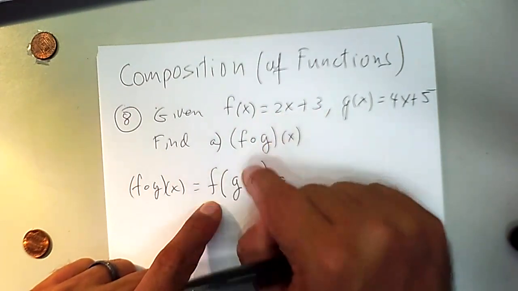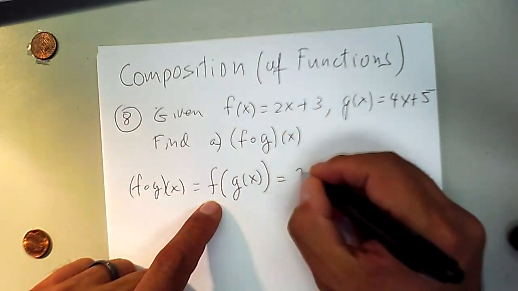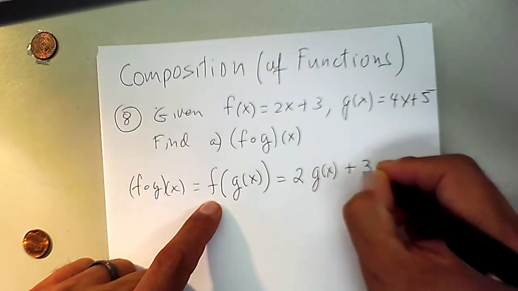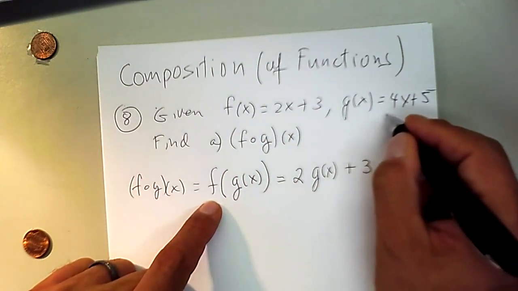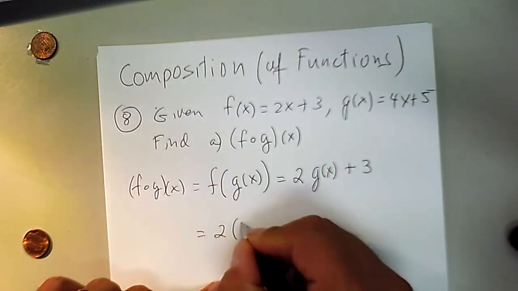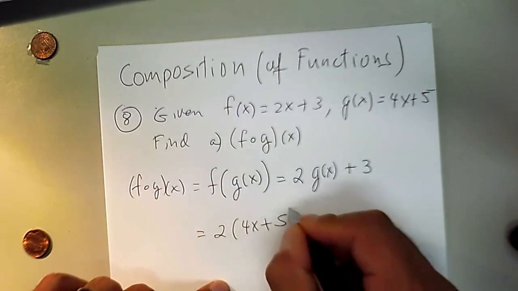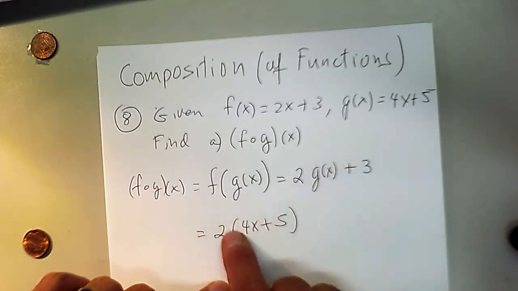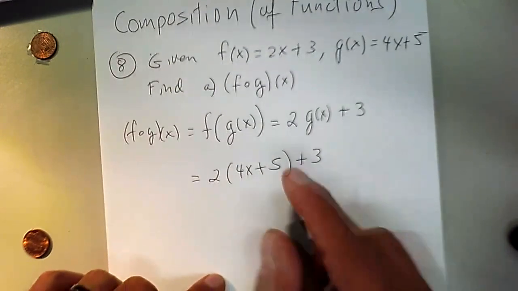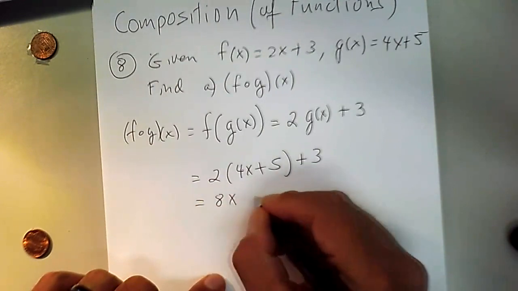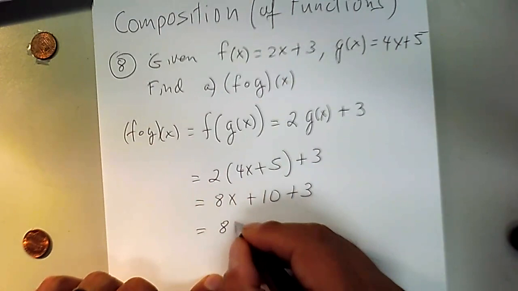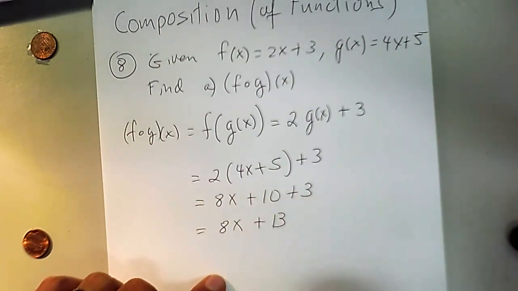So in this case, the input is going to be g. So this is going to be 2g of x, and then add 3. In turn, g is 4x plus 5. So we're going to multiply the 2 with the entire quantity of 4x plus 5. Then add 3. That's going to give us 8x plus 10. Still add the 3. And finally, we end up with 8x plus 13.